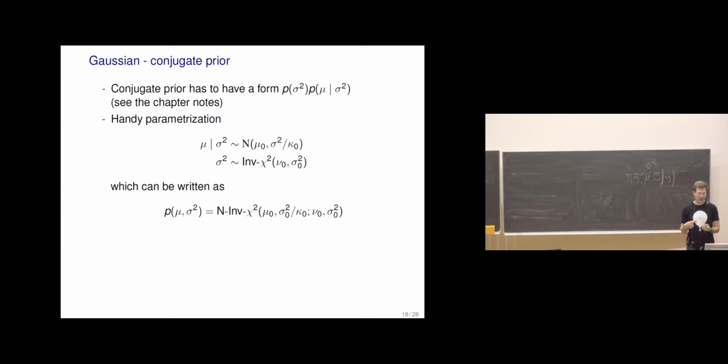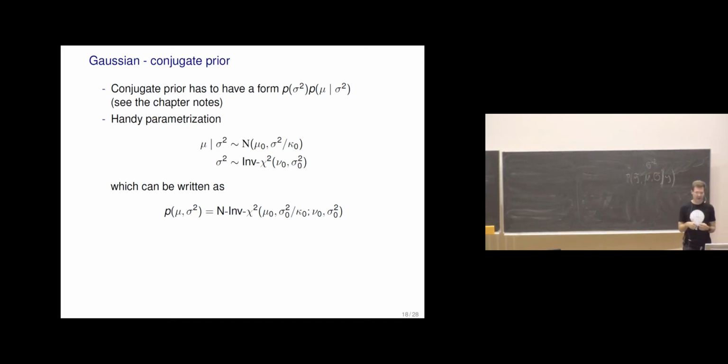But now, if we make both of these less and less informative, wider and wider: the conditional of mu given sigma squared is a normal distribution. If we make kappa 0 go towards 0, then this normal distribution gets wider and wider and closer to uniform.